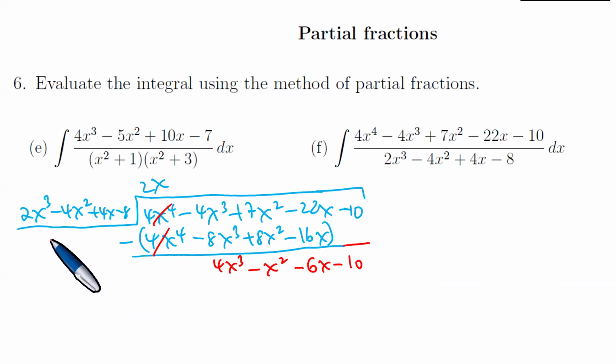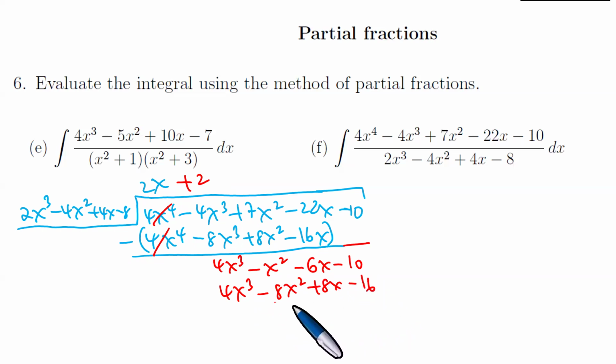Moreover, now this is what we have, and then we perform further division. We have this one divided by the 2x cubed. You get exactly a 2. Multiply this, which is 4x cubed minus 8x squared plus 8x minus 16.